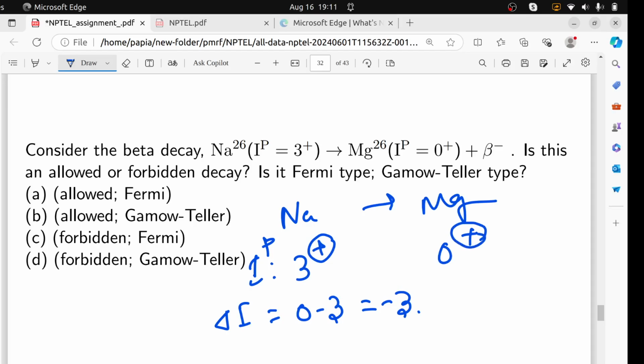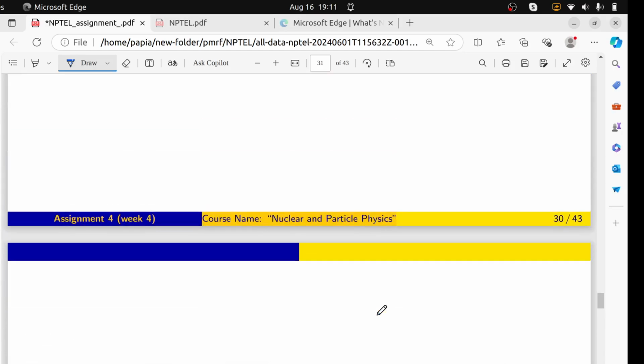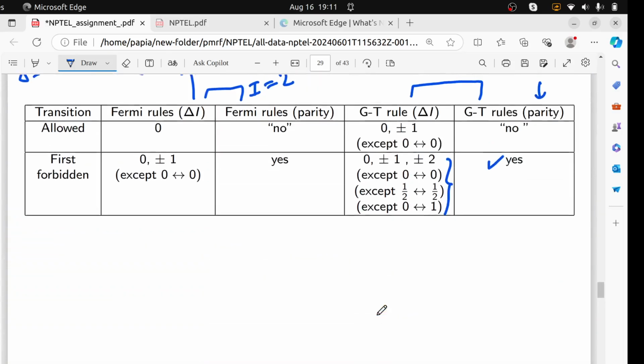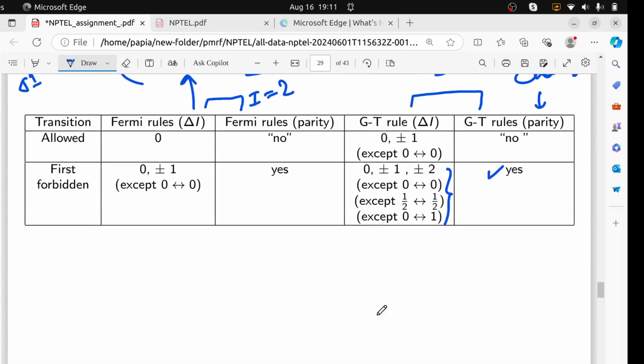Okay, first of all, if it is a plus, delta I equals minus 3, that means we can go to that table. In the table it's not mentioned what will happen in the +3 case, but as I have written here in this question, it will come here as second forbidden.